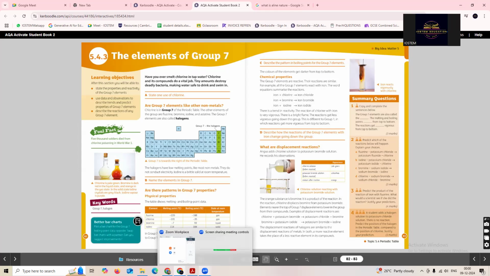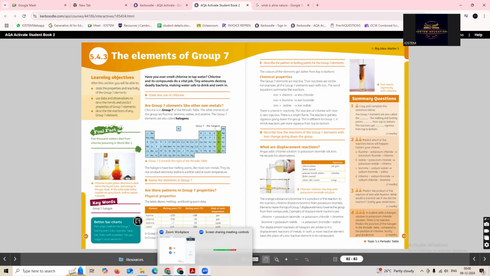Or you can say simply metal salt, that is okay. It will work. Like if you take iron close to chlorine, it will form iron chloride.